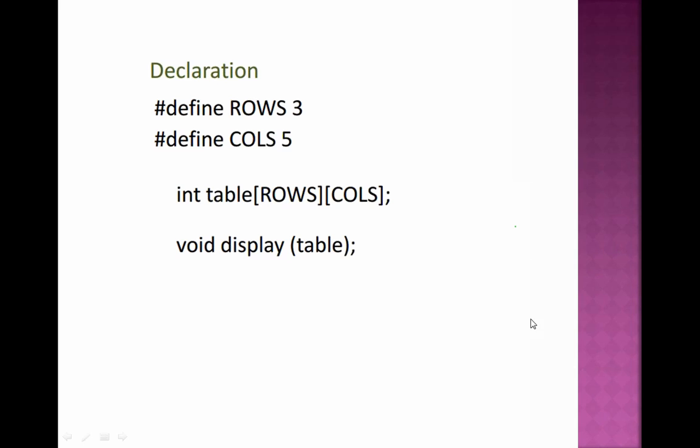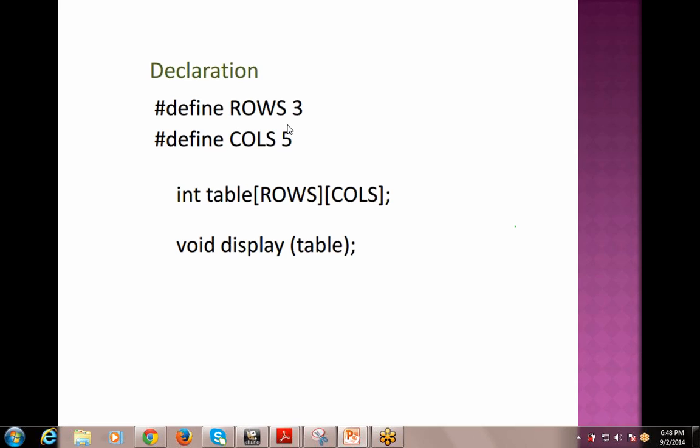This is your declaration part. That is hash define rows 3, meaning we have defined that we are using only 3 rows, and we also defined that we are using only 5 columns.